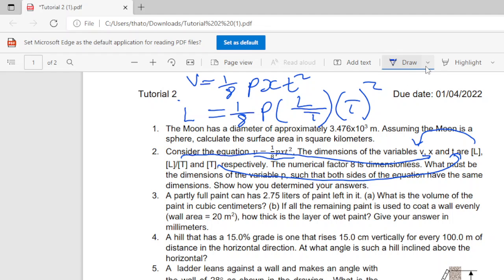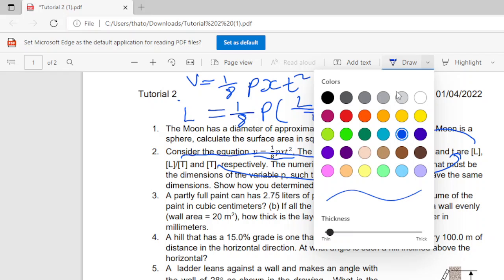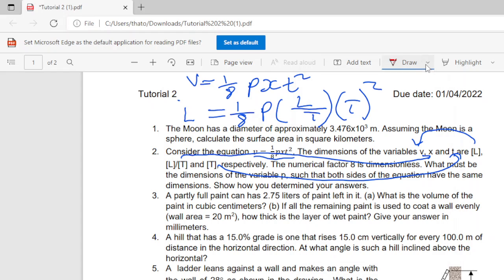Now it's time for us to apply our mathematics. The t here will cancel with the squared, so that we have only a t remaining. Then I'm going to multiply the entire equation by 1 over l.